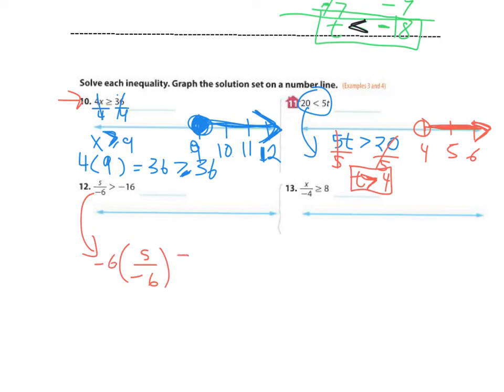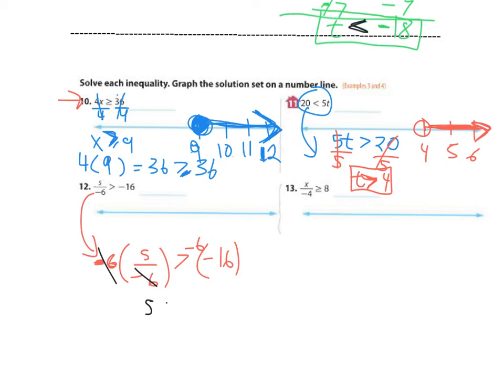Let me finish writing that down. So I'm going to multiply times -6 so I can cancel that out, but whatever I do to one side, I have to do to the other. So I'm going to multiply this times -6. Now -6 is going to cancel out with the other -6. So that leaves me with just s.